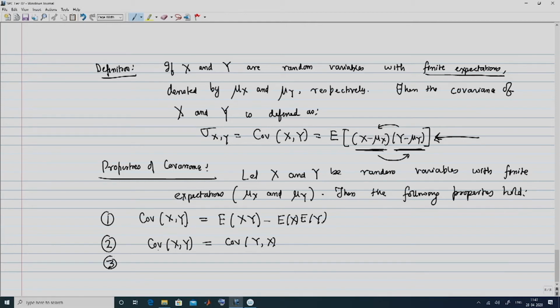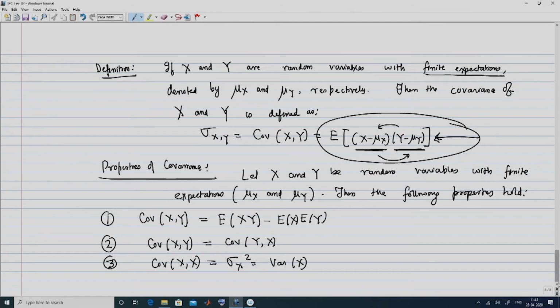The third property, if you observe carefully, if I take x equal to y, then this will simply become E of x minus mu x square, which is the variance of x. So, covariance of x with itself is nothing but the variance of x.